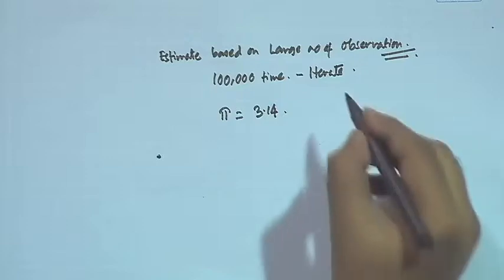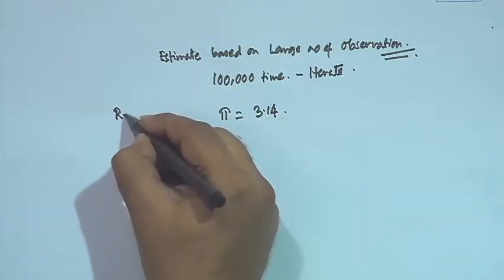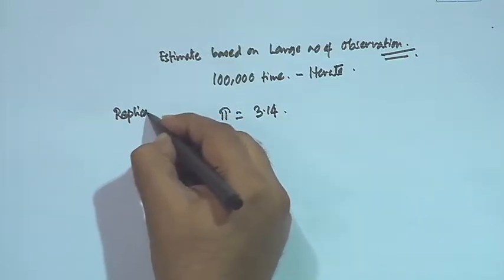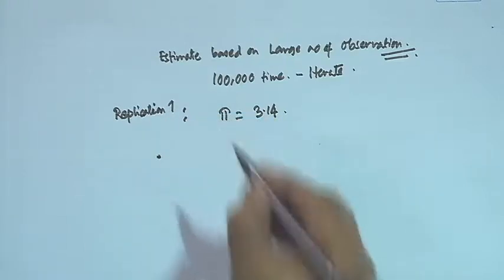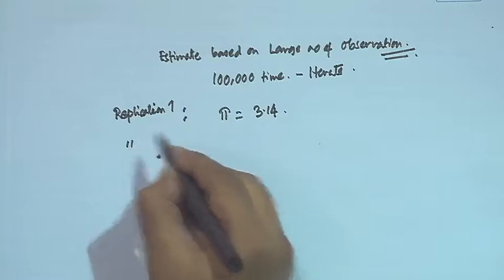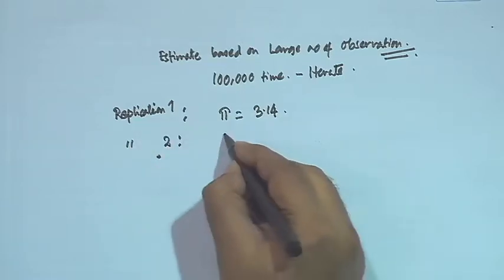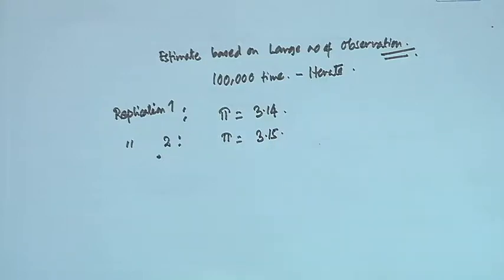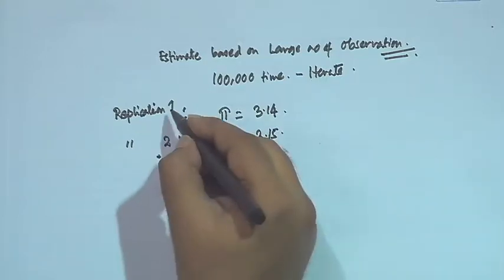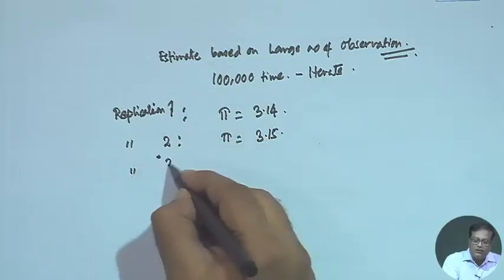But then that is only replication 1, that is only the first time. Now, do it again with another set of random numbers. You can call it replication 2. Suppose at that time you get pi equal to 3.15. Do it again, replication 3.